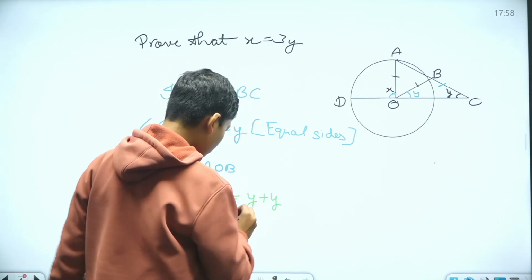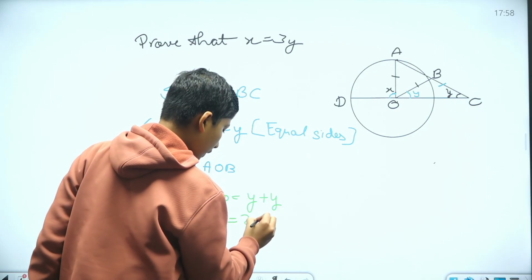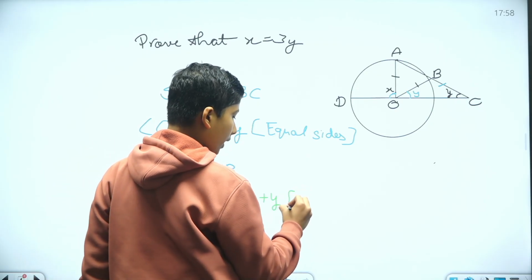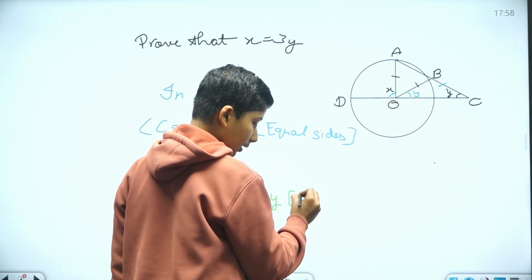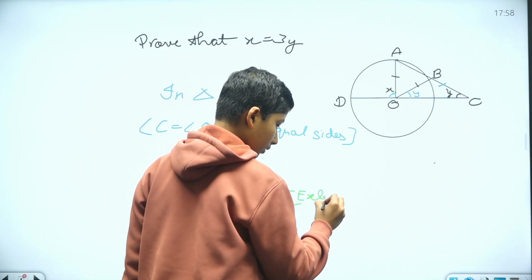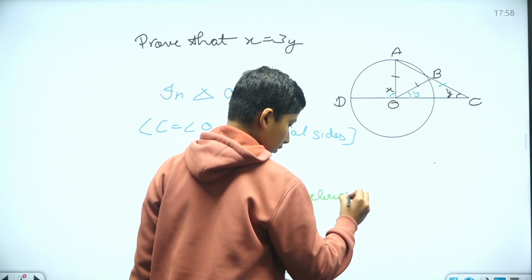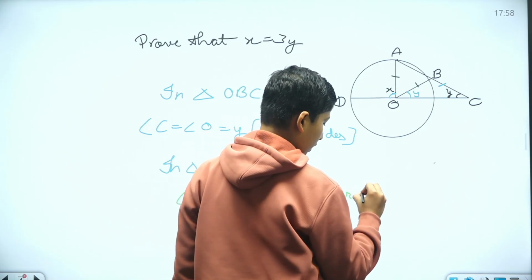How y plus y? Angle ABO equal to 2y. Why? Here we will write what? Exterior angle.